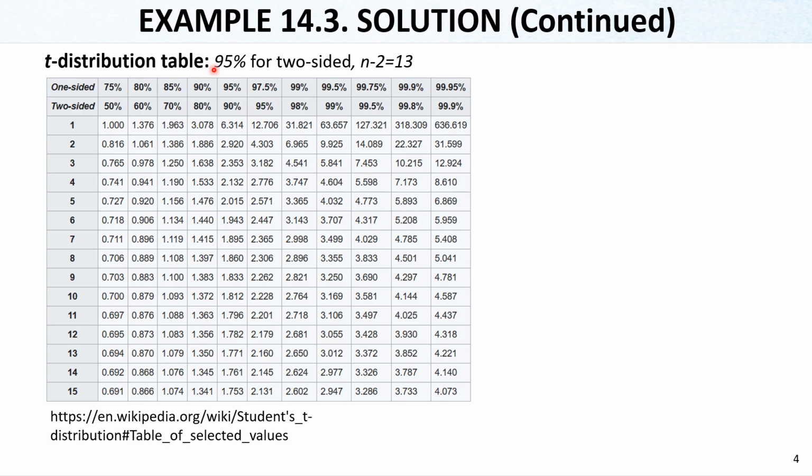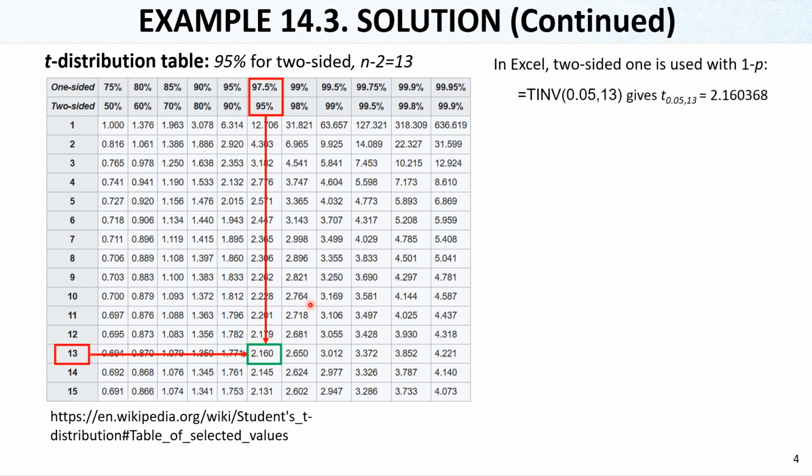If you are going from one-sided for a 95% confidence interval, you need to get the 97.5%. But if you are using the two-sided for a 95% confidence interval, just use the 95% that we targeted. So from here, 95% and the 13th row, this 2.16 is our T value. We will use this in our confidence interval calculation.